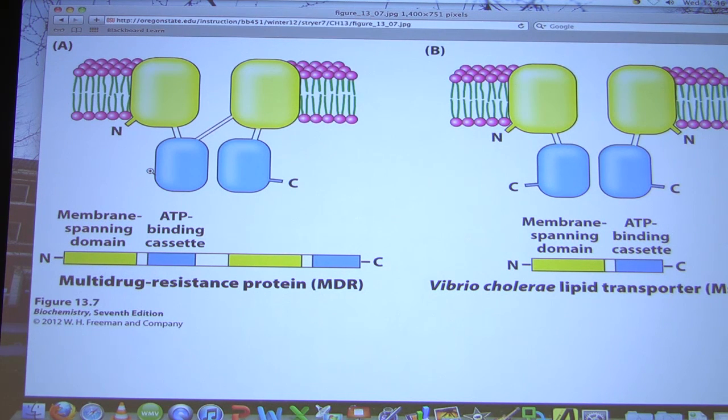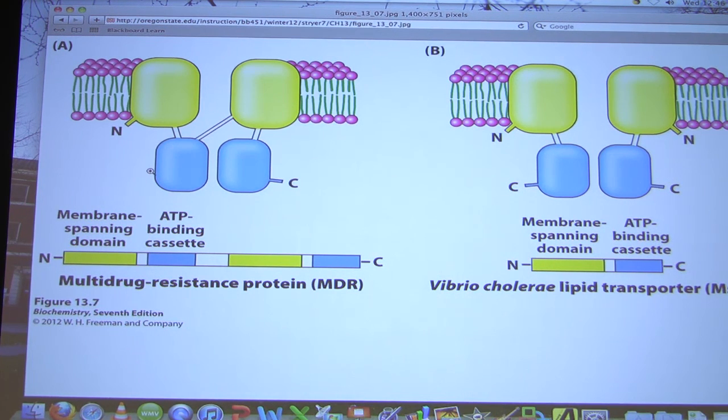We have a protein like this in our body, and some bacteria have one, and they use the energy of ATP to pump toxic substances outside of them. They're not very specific in terms of what they will grab.